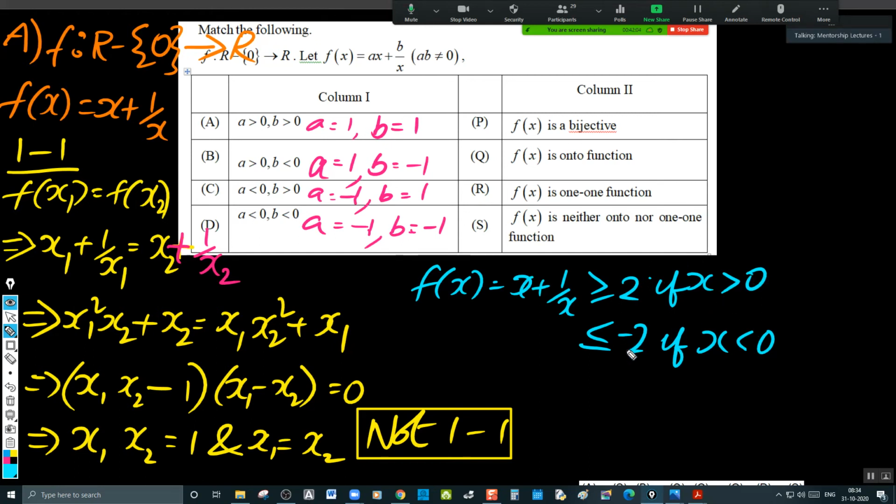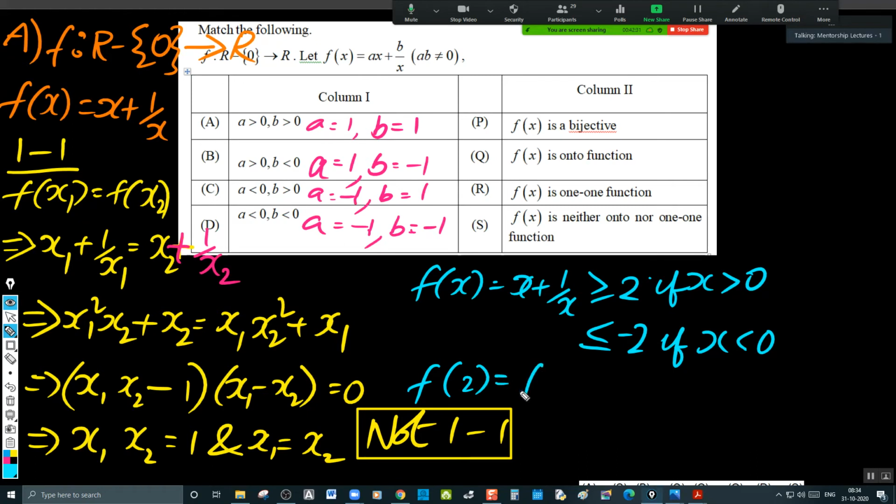But what they are saying is the values between minus 2 plus 2 are missing, perfectly missing. But these are missing in what? These are missing in the codomain. You cannot conclude with this one, the 1 1. But what Prathamesh is saying is correct. What is that he is saying? F of 2 and f of 1 by 2 are same.